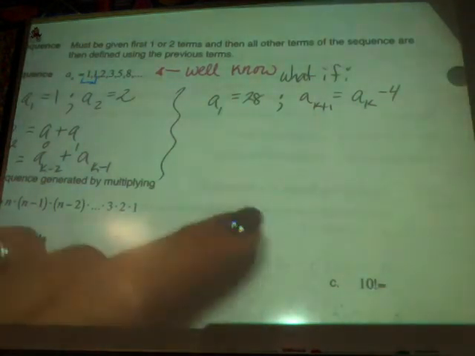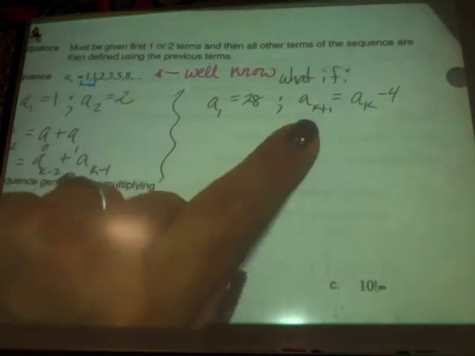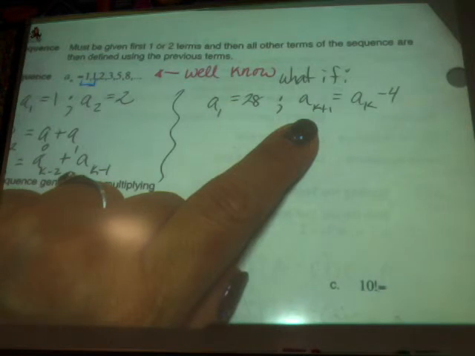So the first term, because that's position 1, is 28. What's k plus 1 in relation to k? Is it the one after or the one before? It's the one after. It's the next term in the sequence, right?